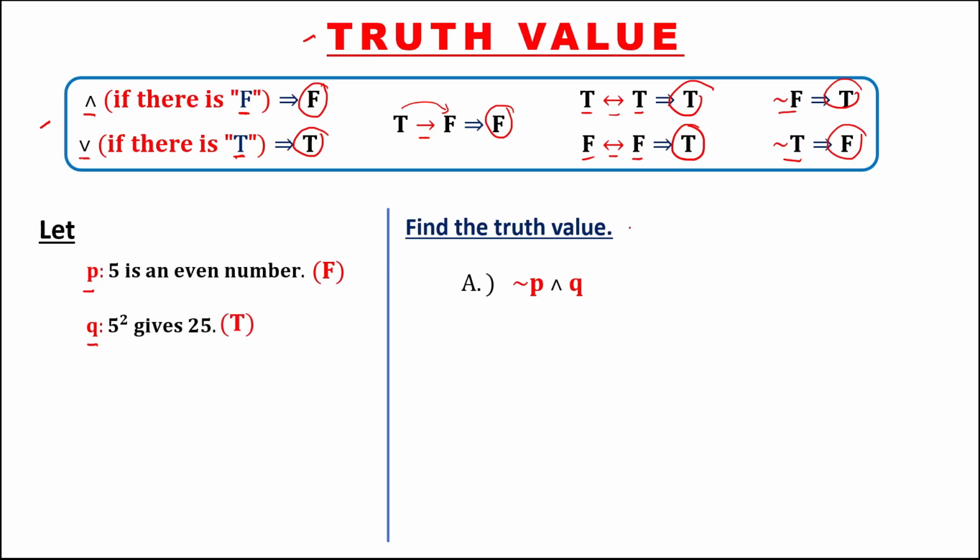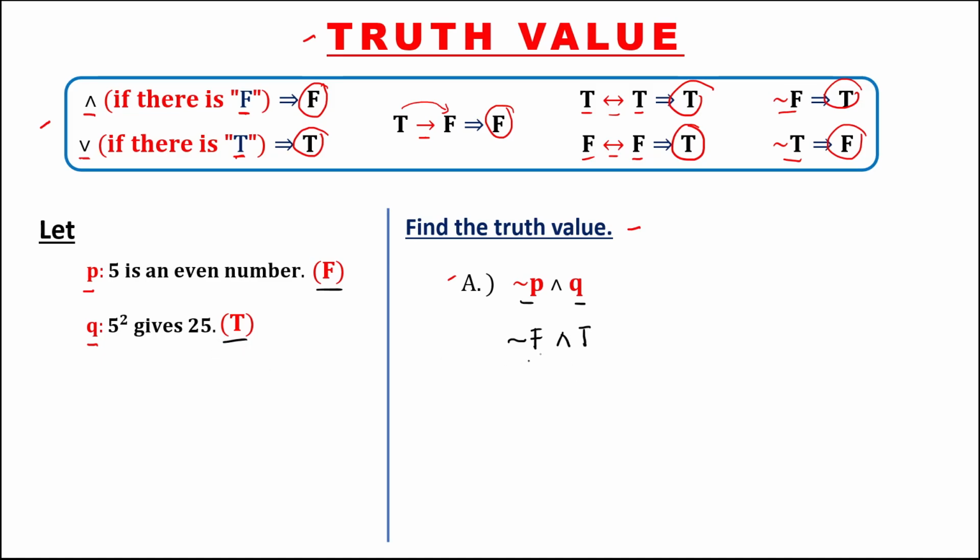Then to find the truth value for this compound statement, first we need to substitute the value for every variable. So for this negation of P and Q, the truth value of P is false, and for this conjunction, Q is true.